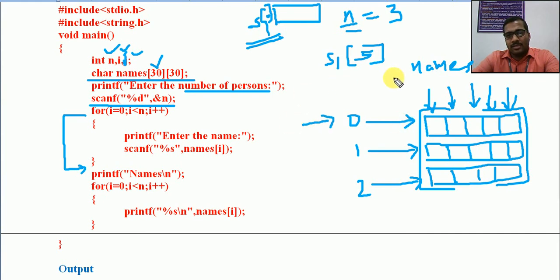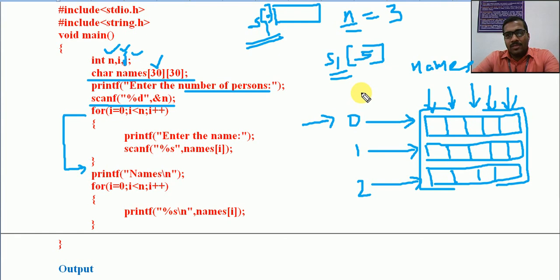For a single row, a single character array or single string, we use s1 directly, scanf s1. That means we are having only one row. But here we are having multiple rows. We need to deal with multiple rows, so I cannot simply use s1, or here, names.